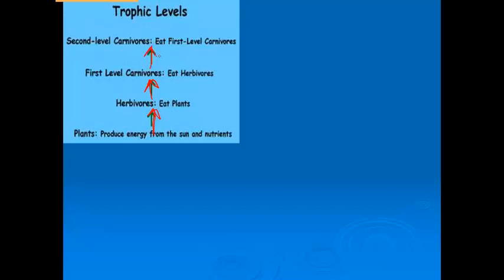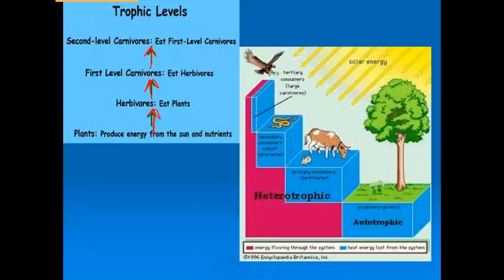And then all the way up to your second level consumer, and this one shows it just a little differently. So autotrophs are going to make up the base. They're always going to need to be in the largest supply, and then from autotrophs you can move up to your first level consumer, your second level consumer, and lastly your third level consumer, which kind of puts you again at the top of the food chain, in this case with an eagle.